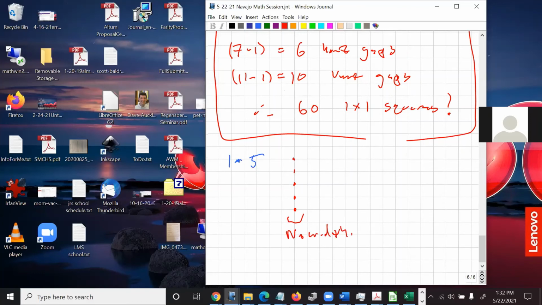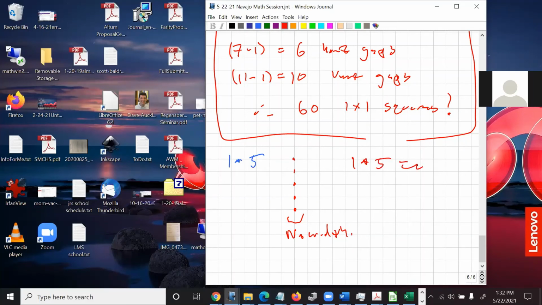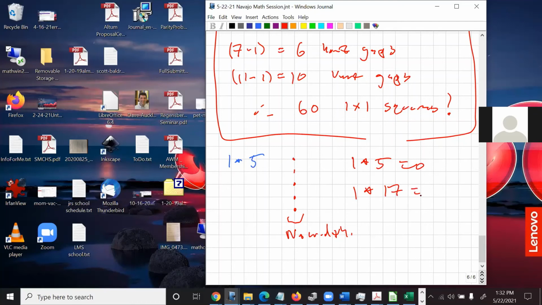So we conclude that 1 star 5 equals 0. Without drawing the picture, can you see what 1 star 17 would be? 0. 1 times 1 asterisk n is equal to 0. This is an answer. Who said that?